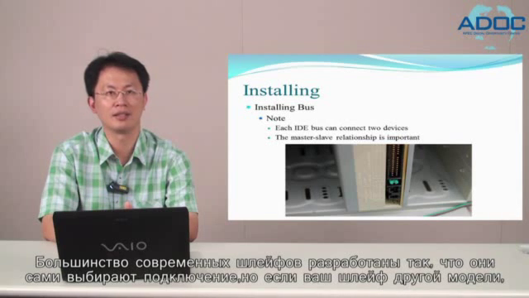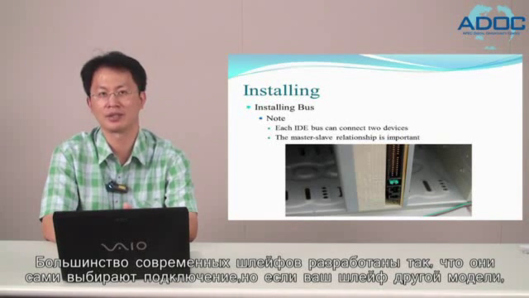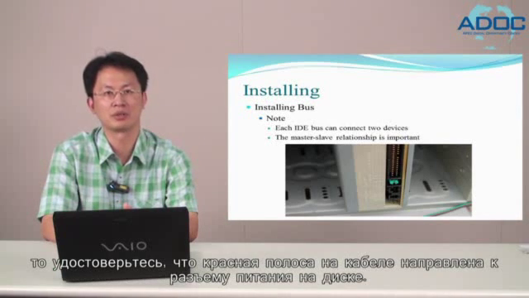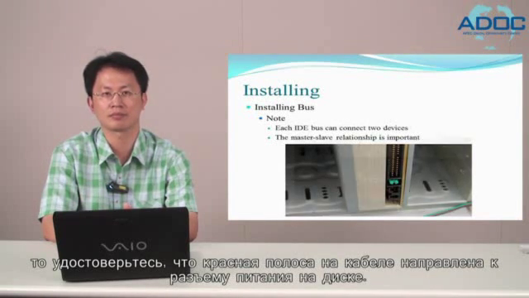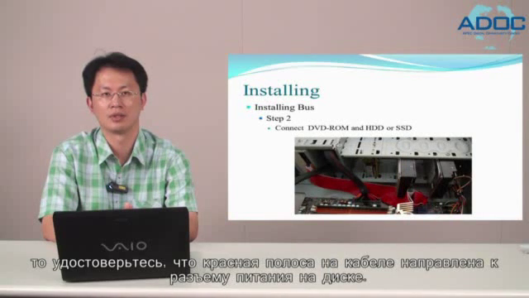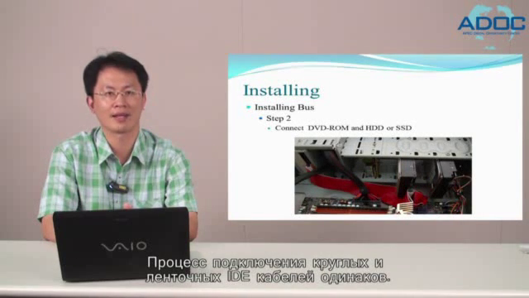Most modern IDE cables are set to connect in 1 orientation. But if yours isn't, then make sure to direct the red stripe on the IDE cable towards the power connector on the drive. And the process for connecting both rounded and ribbon IDE cables is the same.